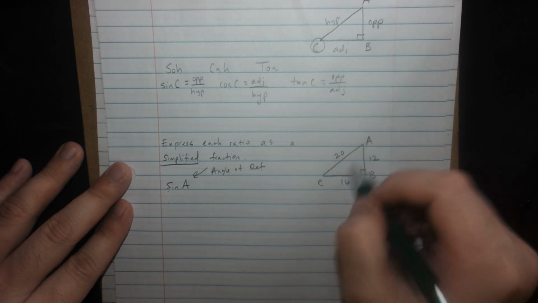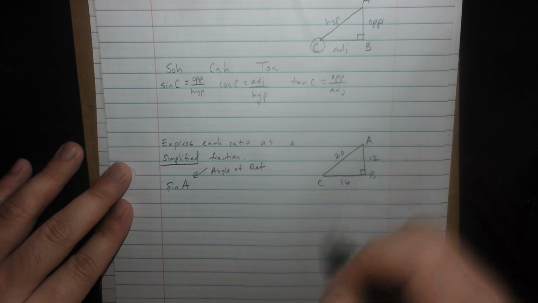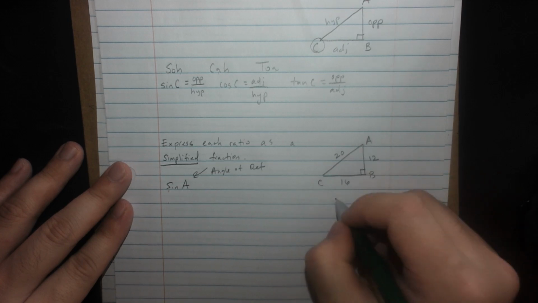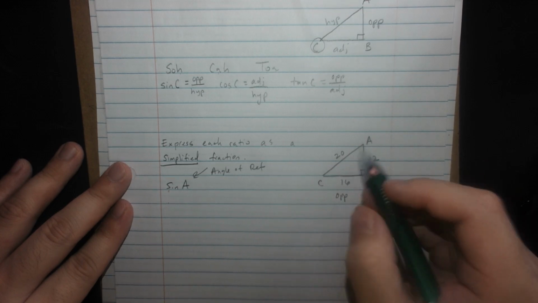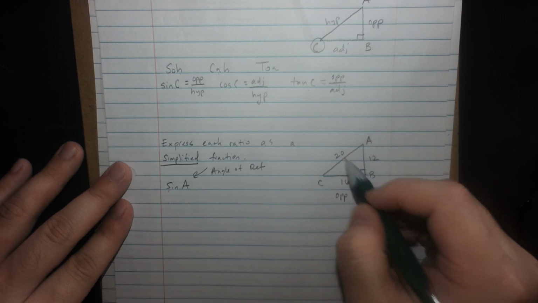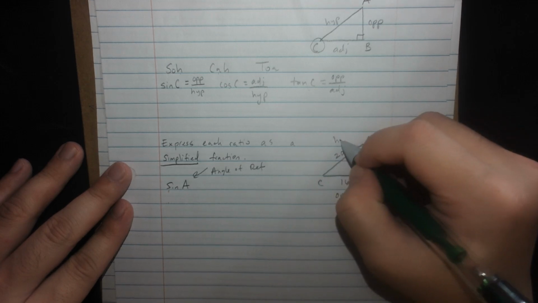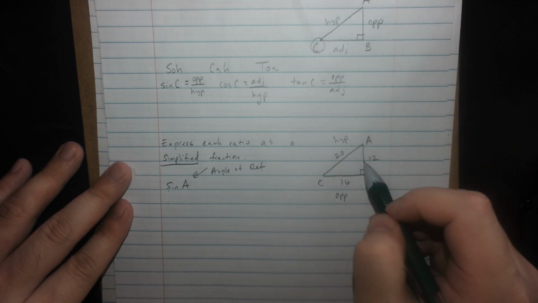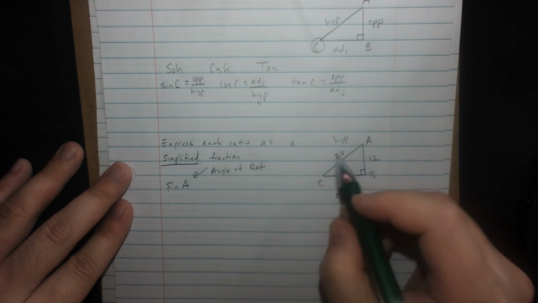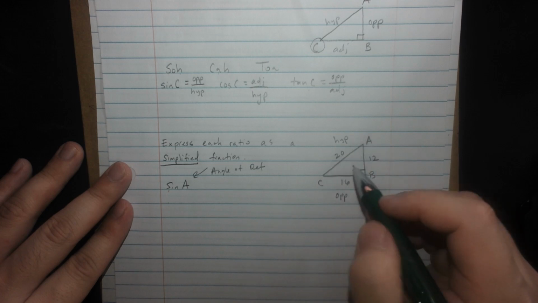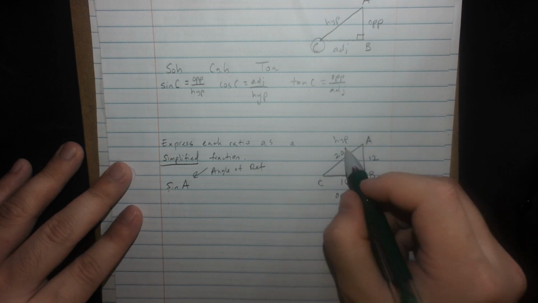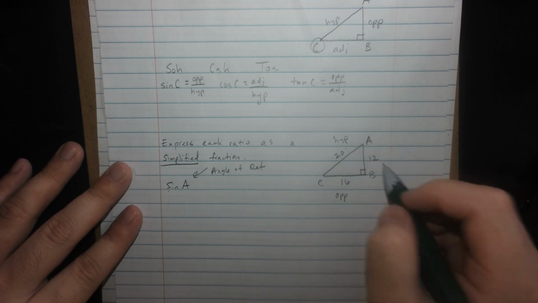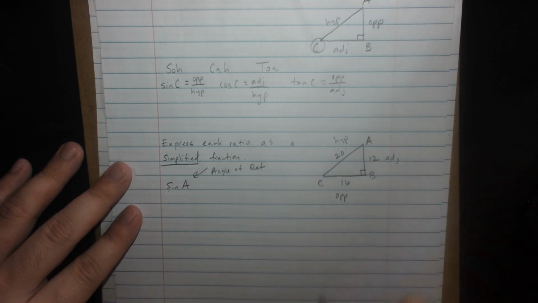Here's A, so I'm going to label this triangle based on where A is. So across from A, this is the opposite side. Across from the 90-degree angle, this is the hypotenuse. And then A is next to this side. We already have opposite, we already have hypotenuse, so this must be the adjacent side.